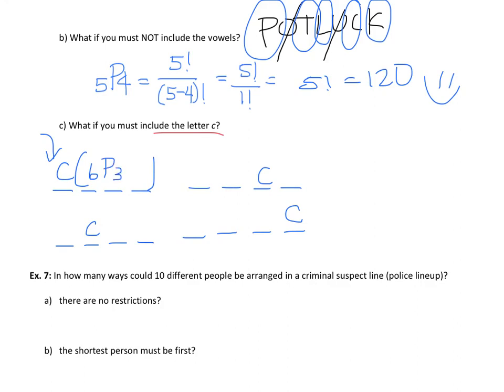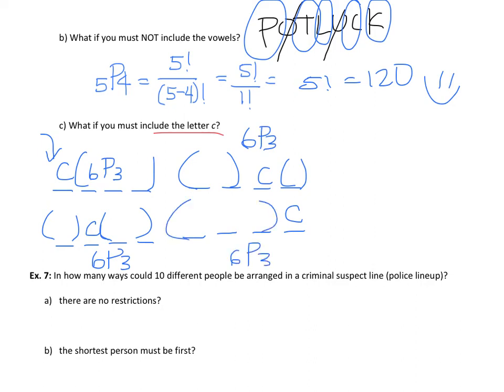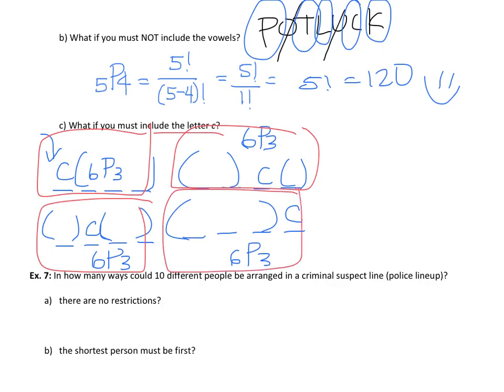Now, over here, we actually have the same situation, because we have 2 spots over here and then 1 spot over here, but there are still 3 spots altogether that we have to fill, and we still have 6 letters total because C is taken, so this is 6P3. And then, of course, over here, all the empty spots are equal to 6P3, and the same with the bottom one, 6P3. So by our additive counting principle that we've already talked about, when we have different cases, so this is case 1, 2, 3, 4, we have to add those up.